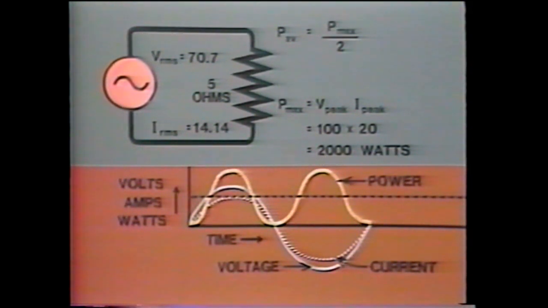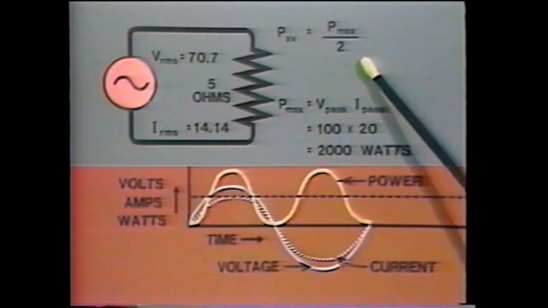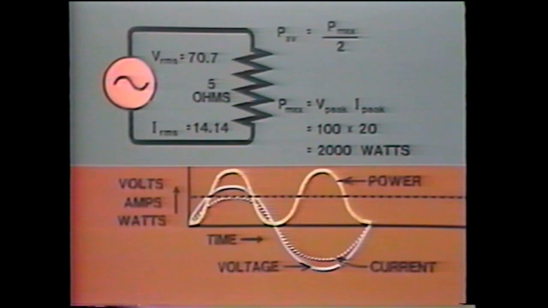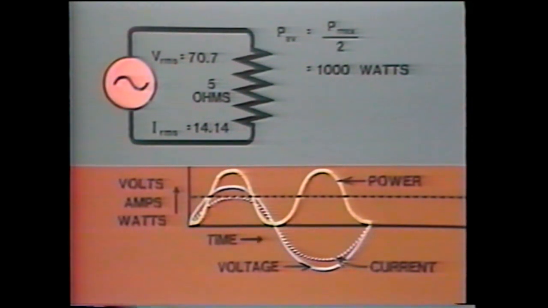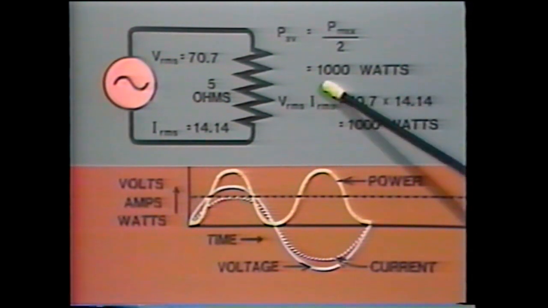What is the average power over the cycle? As we just saw, average power equals power max divided by 2, which is 1,000 watts. But look what happens when we multiply RMS voltage by RMS current. 70.7 volts times 14.14 amps equals 1,000 watts of power, the same value as we just calculated.